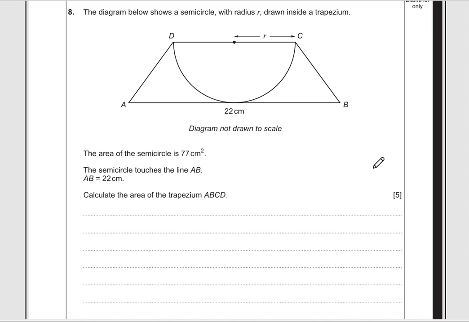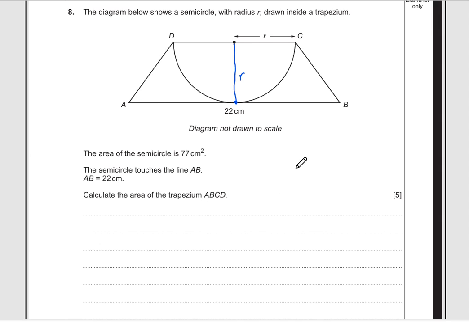Question 8. The diagram below shows a semicircle with radius r drawn inside a trapezium. The area of the semicircle is 77 centimeters squared. The semicircle touches the line AB, so we can see here that's also going to be the radius, and AB is 22.